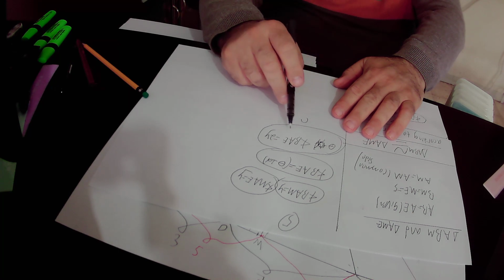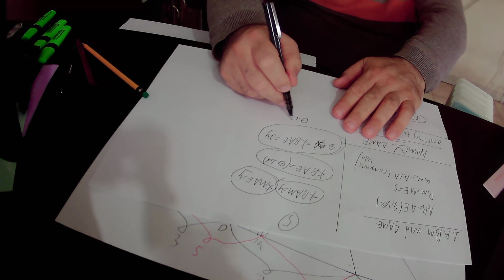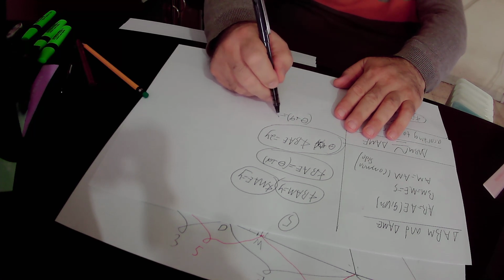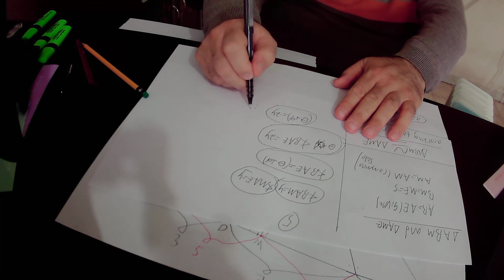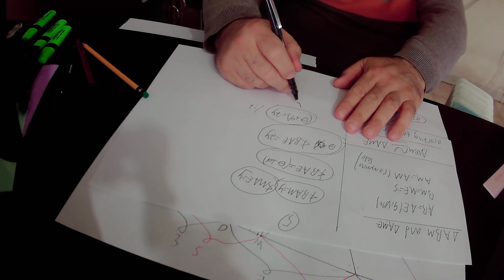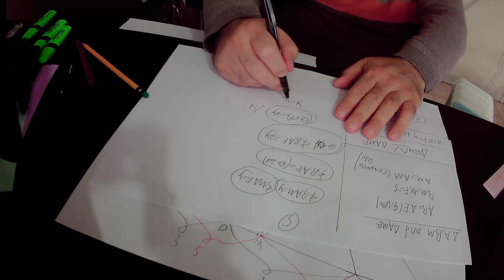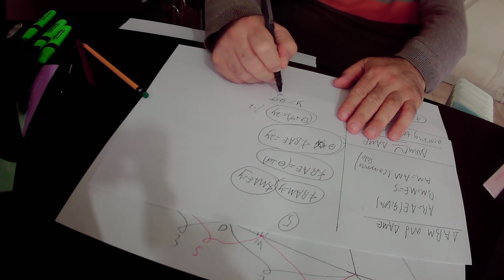So we conclude that theta plus alpha equals 2y. We divide this equation by 2, and we get that angle y equals theta plus alpha over 2.